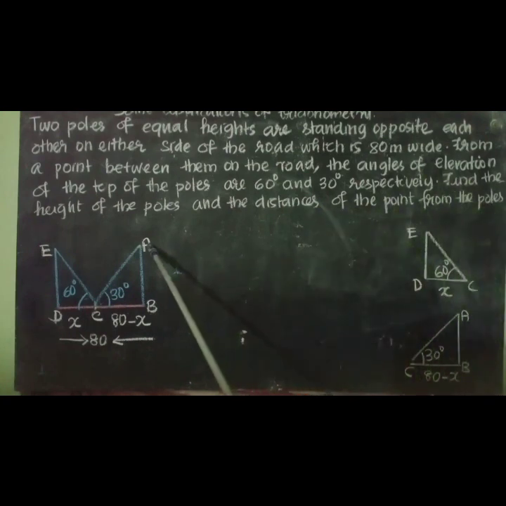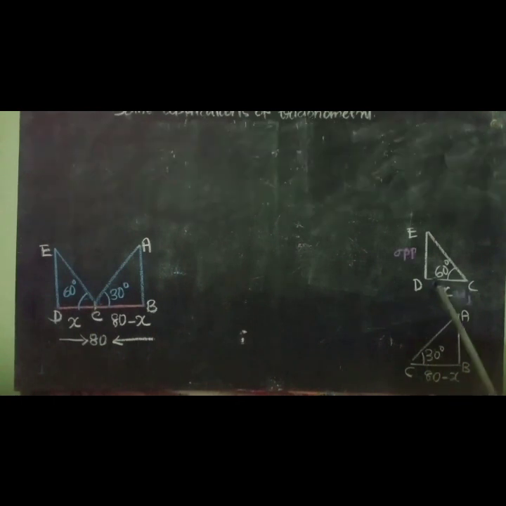So we need to find out the height of the poles, that is AB and DE. They are equal. Then again we need to find out CD and BC. Let us solve it.